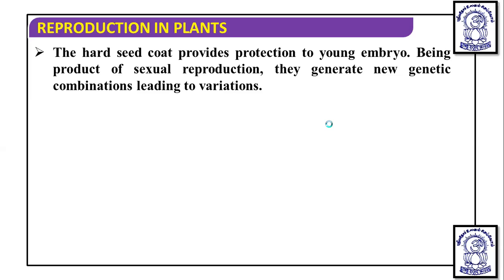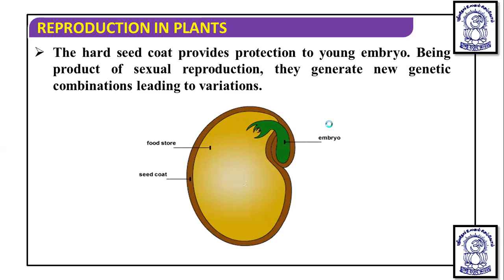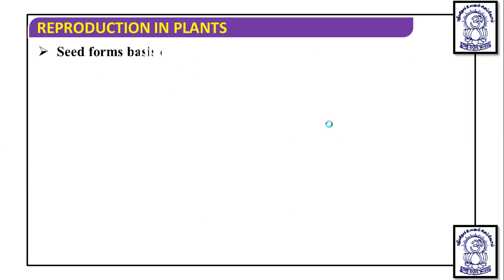Means the plant which has produced seed and the plant which is generated newly from that seed both have a different genotype. And this is one particular structure of seed. We have seen so many diagrams of seed till now. So seed forms the basis of agriculture, because seed is going to germinate, seed is going to form new plants.